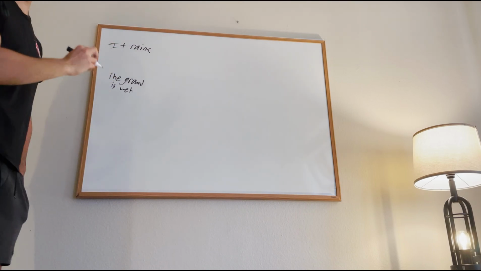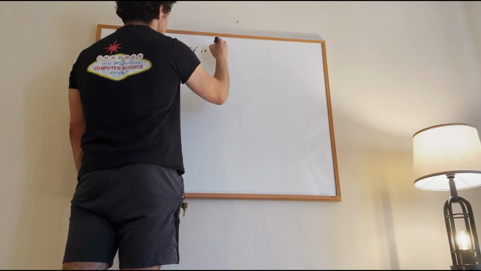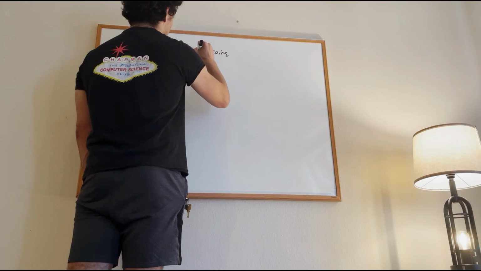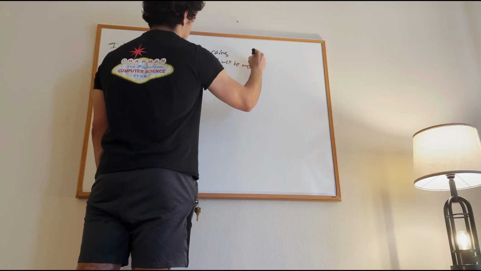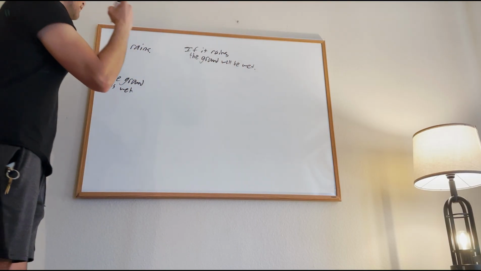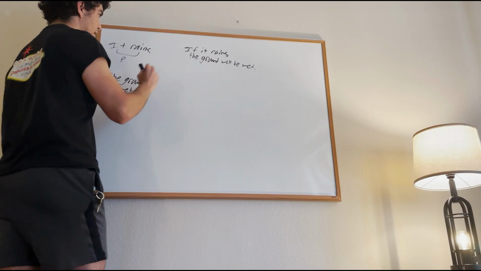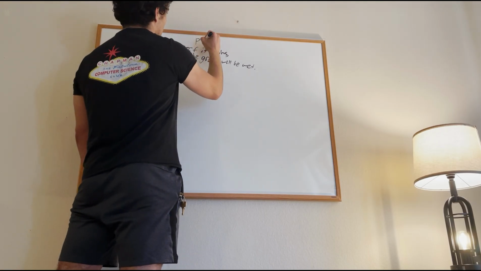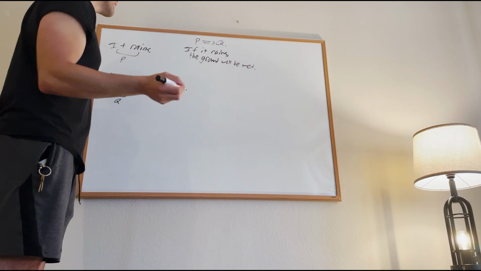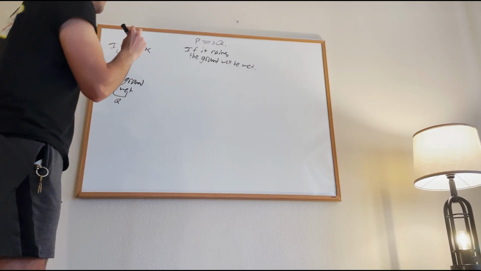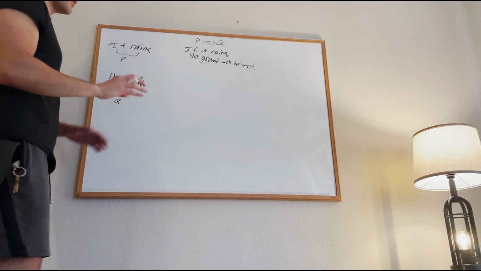And what we can do is we can form a compound statement, something like, if it rains, the ground will be wet. And here, we just call this P, statement Q, and here this is saying P implies Q. And what we can do is we can change the truth value of P and Q to true or false, right?